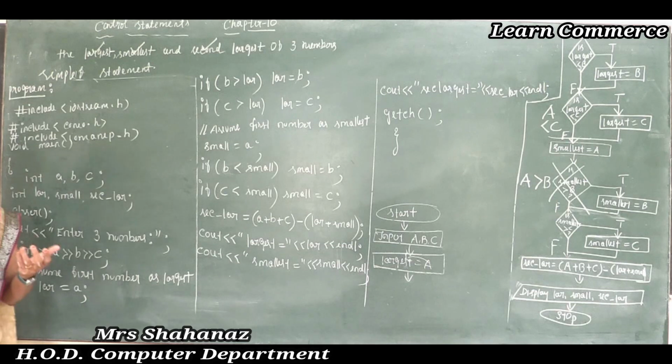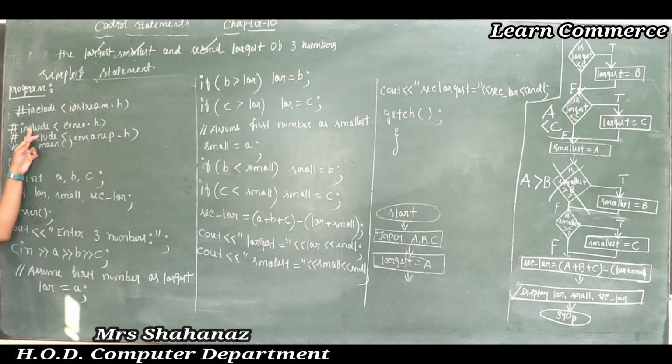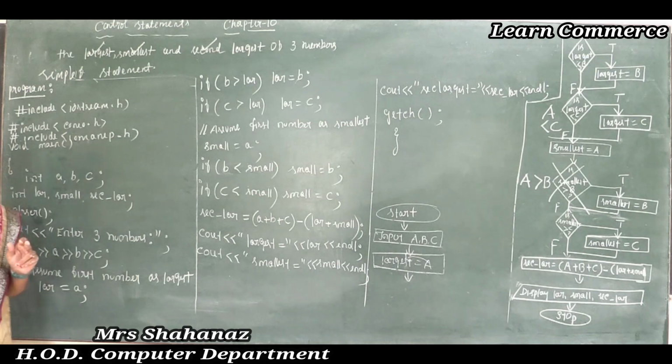Now after completing the preprocessor directives, that is the header files, the linker section, we need to start the program by using void main open close. But remember, there is no semicolon at the end, and main should be written in lowercase and should not be terminated by a semicolon. The flower bracket indicates the opening of the program.